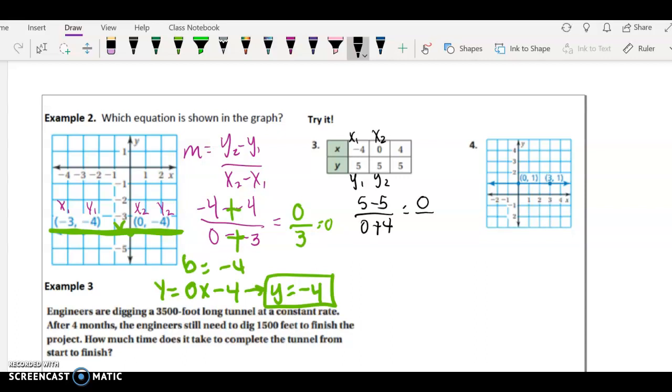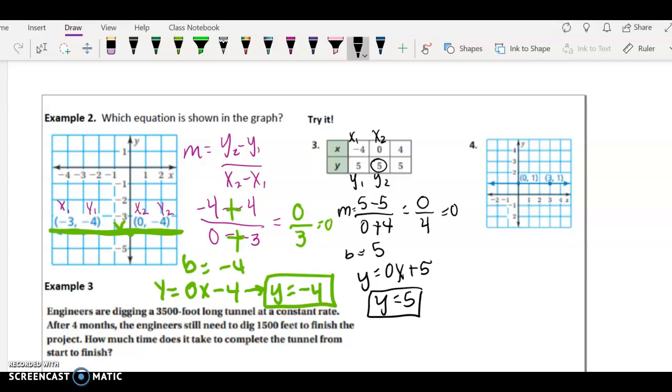So I get 0 over 4, which is just 0. That's my m. My b term is wherever x is 0, what is my y? So my b is 5. So we have y equals 0x plus 5, which turns into y equals 5.